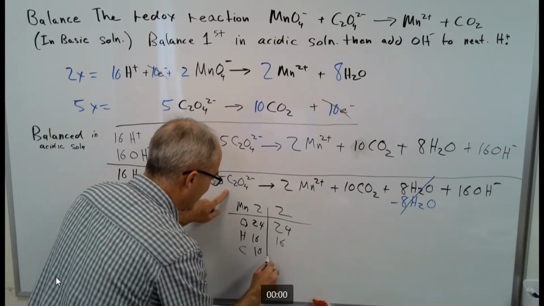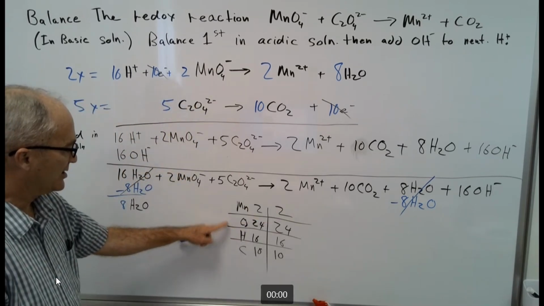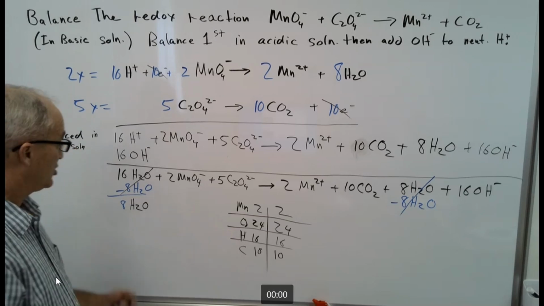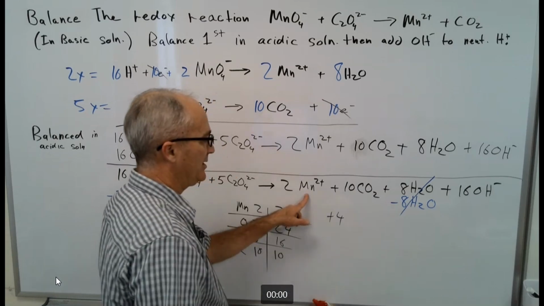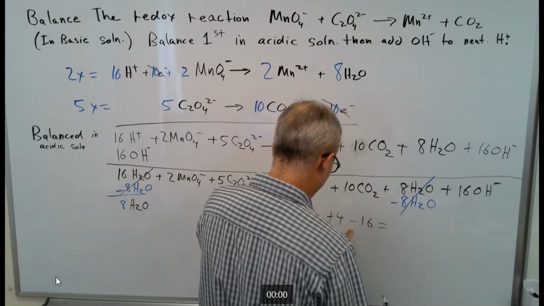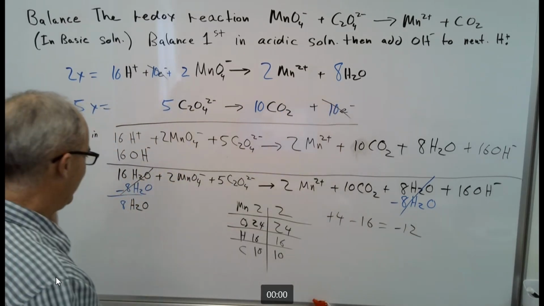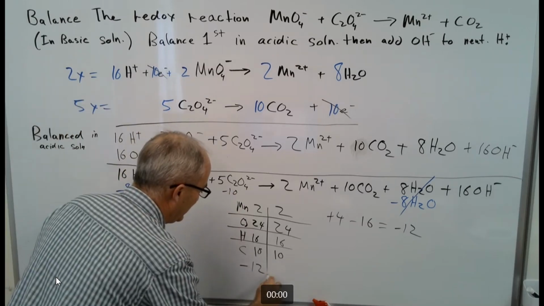I got a 10 in redox. What's left? Manganese. I got 2. What's left? The charge. All right, and so I'm looking over here. I got a +4 there. What do I got there? Negative. How about that? -12. Is that gonna work? Oh, look. 5 times 2 is 10. 10 and a -2. I got 12.